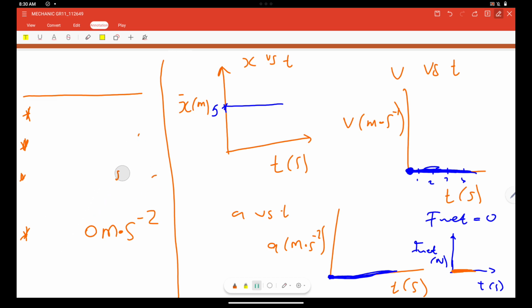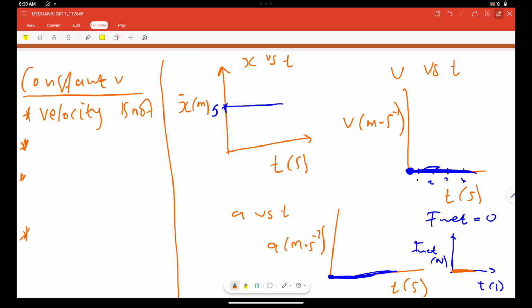It means that the velocity of the object is not changing. So constant velocity: velocity is not changing.